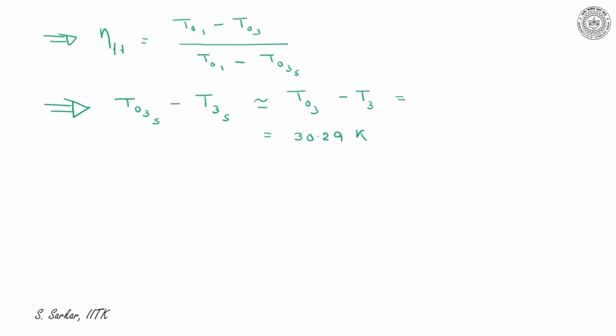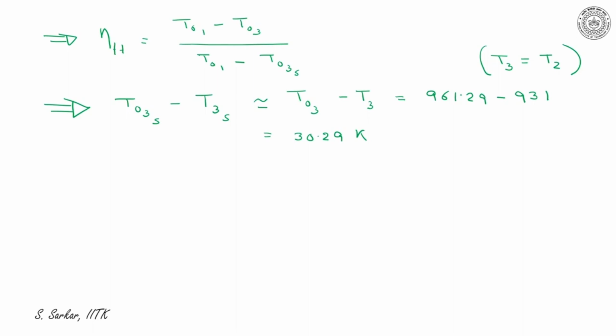T03 was 961.29 and T3 was 931. T3 is equal to T2. Here one should note that for an impulse turbine, T3 must be equal to T2 because there is no change of temperature or static enthalpy.